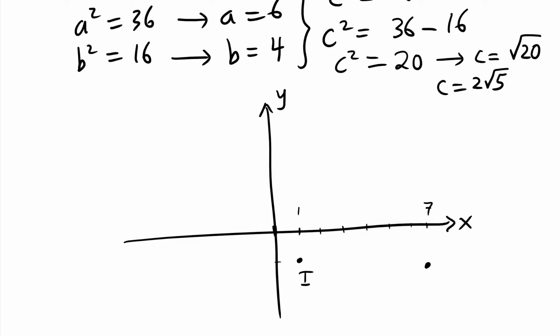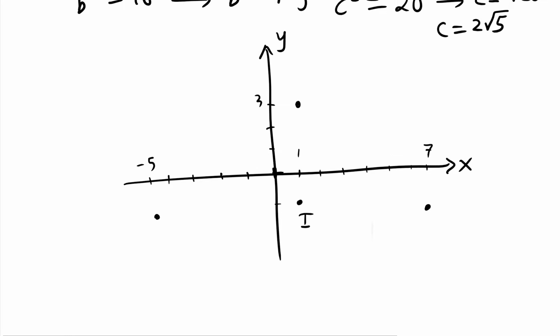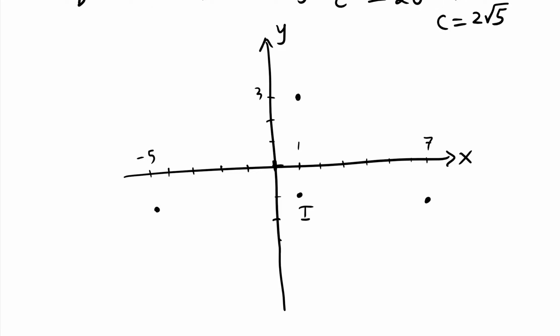And you go this way, 1, 2, 3, 4, 5, 6, negative 5. B is 4, so you're going to go up 4 and down 4. Yeah, it looks like almost a circle. So that's the ellipse. We drew it.